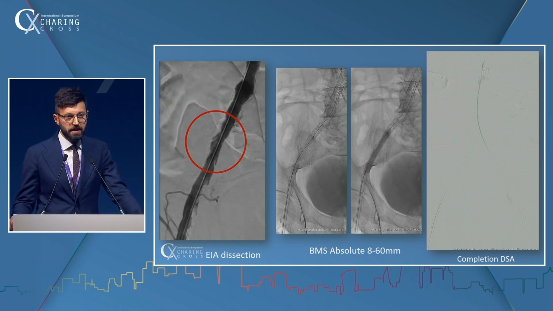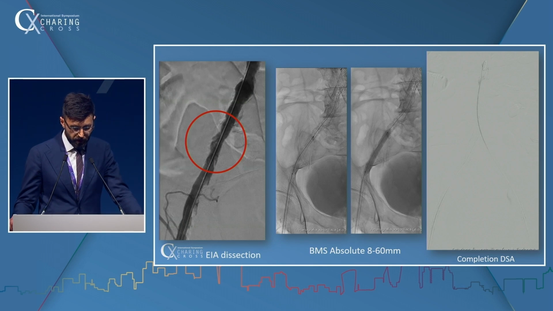We again checked that previous small dissection at the level of the right axis after the advancement of the proximal cuff, and we decided to overstent that, of course, to improve the outcome of the patient. And thanks to the previous vessel preparation with IVL, the stent graft, which is a bare metal stent, 8x60, was perfectly expanded and dilated.